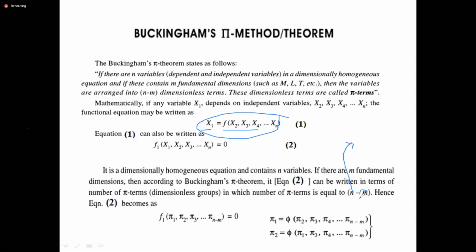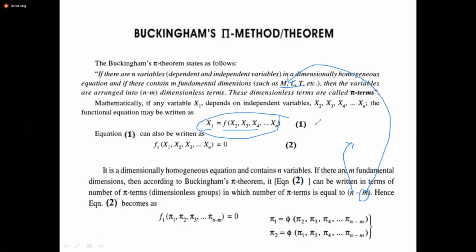What is m? m is nothing but the number of fundamental dimensions. How many fundamental dimensions are there? In the given variables, if 3 fundamental dimensions are there or 4, we have to identify. For example, if length, diameter, density and viscosity are given, and another factor, let us say the kinematic viscosity also, there are 3 fundamental dimensions only because there is no temperature.